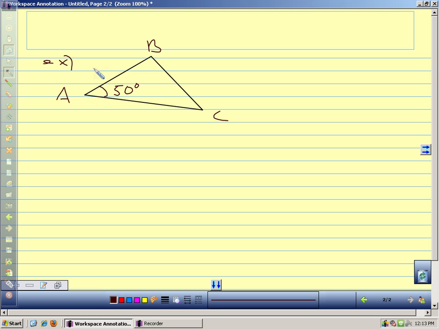C is 8 centimeters. B is 14 centimeters. And we want to find A. So here we have a side angle side triangle. So we use law of cosines.